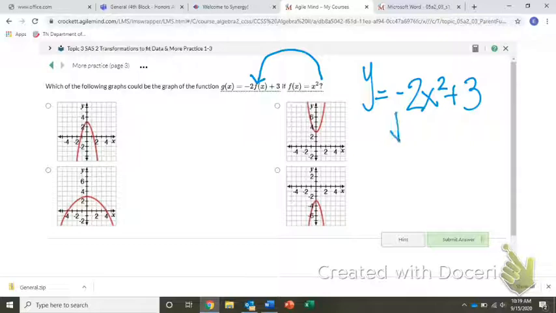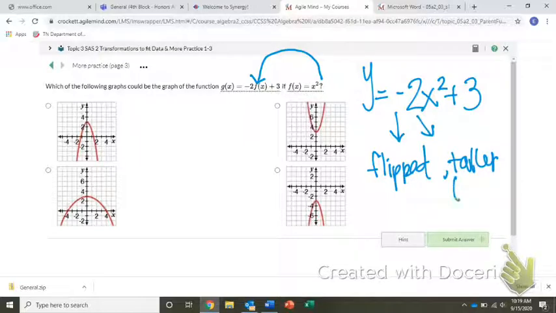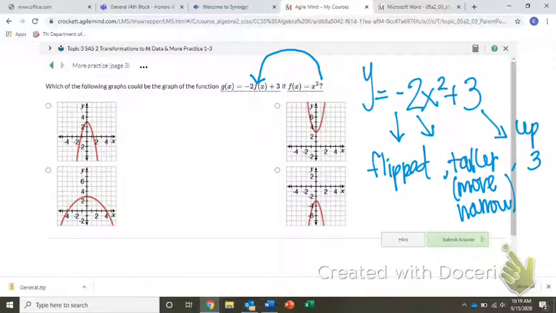Since you have this negative right here, you know it's going to have to be flipped. Since there is a 2 for my a value, you have to know that it is going to be taller. More narrow, same thing. And since this 3, you know it's going to have to go up 3.